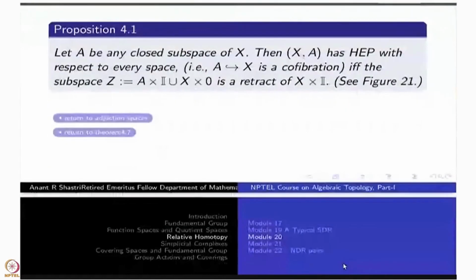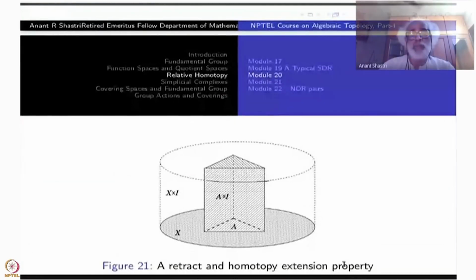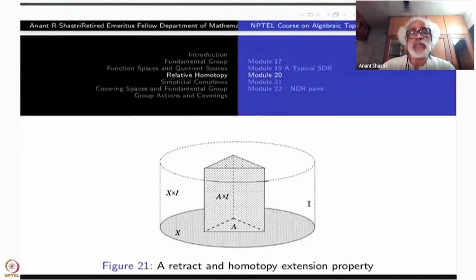Okay, this is a picture. The bottom thing is X. X cross I is this picture. A is the triangle, a subspace there. A cross I is standing here. You have to take A cross I union the bottom, X cross 0.